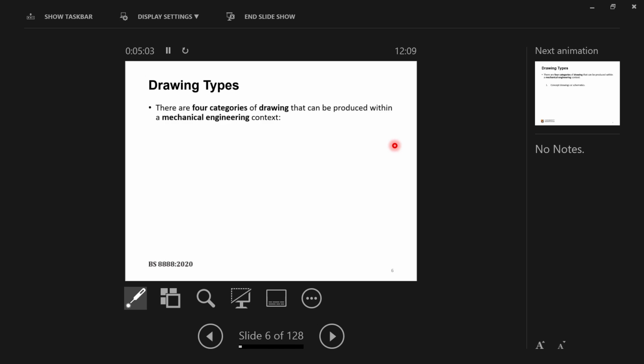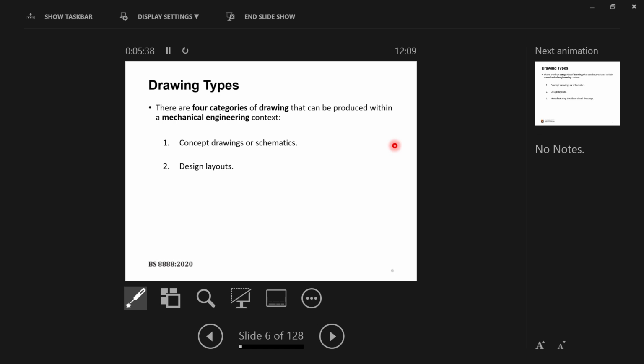There are 4 categories of drawings that you should keep in mind for your knowledge first in mechanical engineering. The first one is concept drawings or sketches or schematics. These are crude hand-drawn sketches without scale, without using any instruments and so on. Design layouts is the second category, and it contains a little bit more detail compared to the concept drawings.